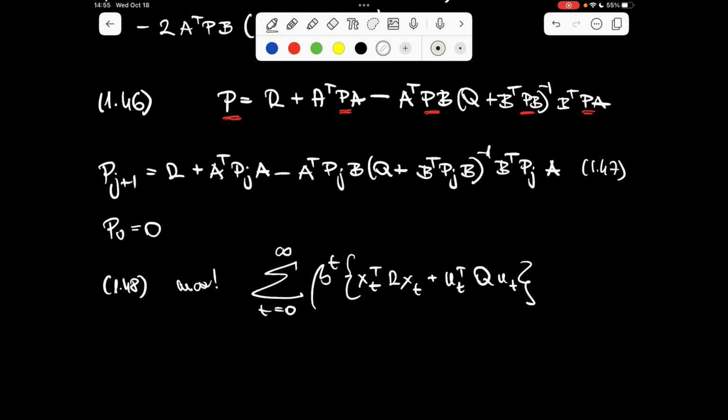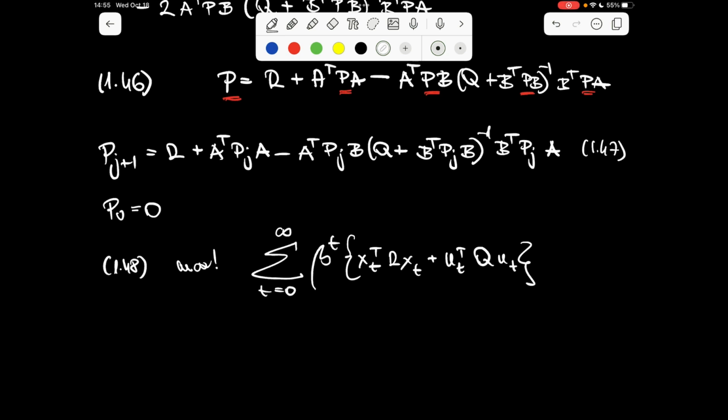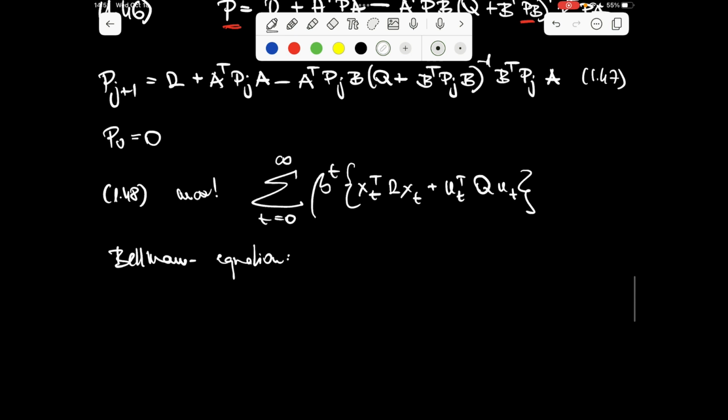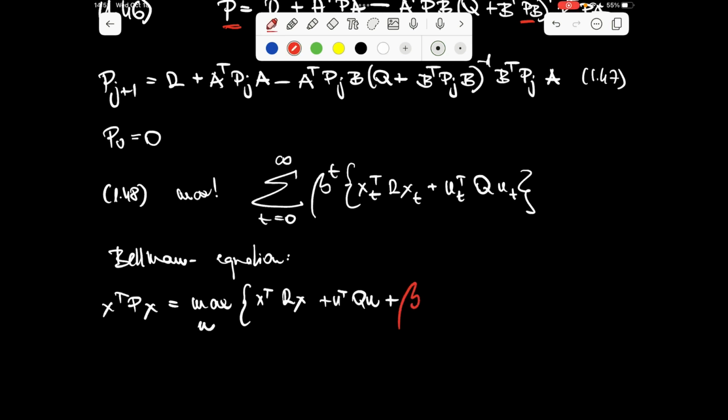The only thing we need to do is to insert the discount factor appropriately. So let's try to do so. The Bellman equation is the following. It's slightly different. Yep. So we have the discount factor.